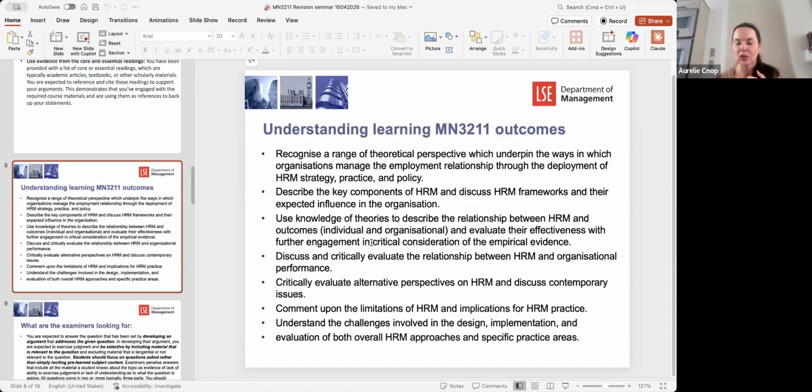So you need to be able to describe the different components of a specific framework, concept or theory, and the expected influence in the organization. That means that you need to know the relationships between the concepts.